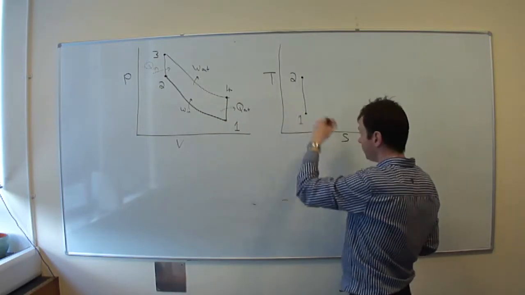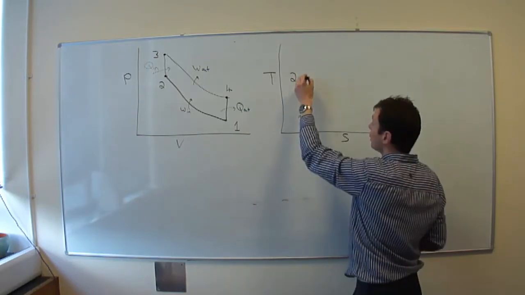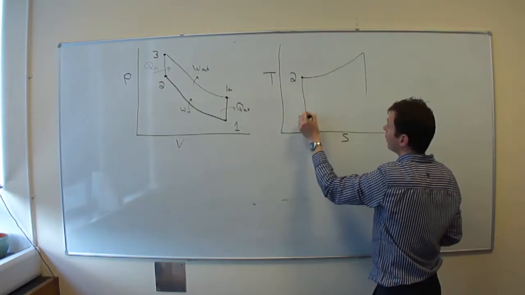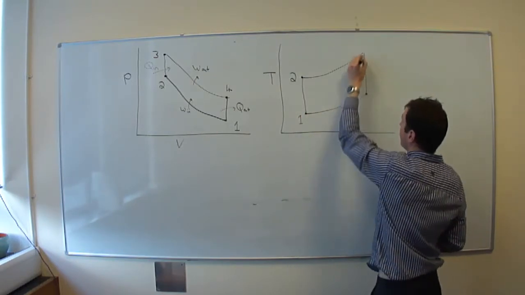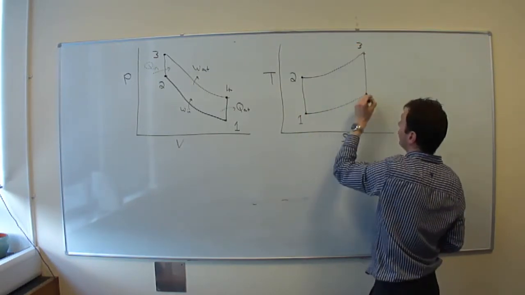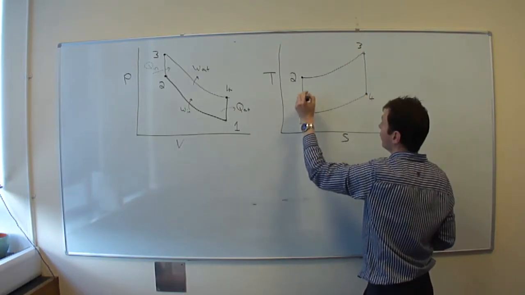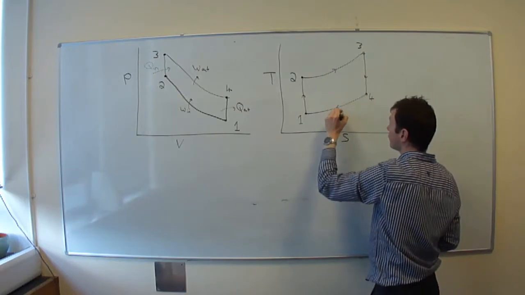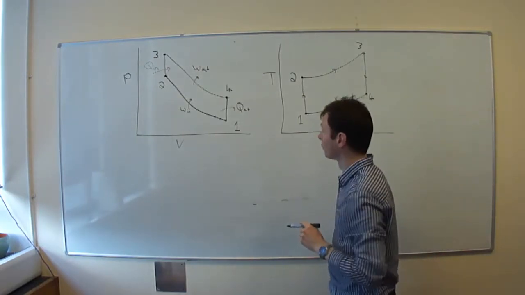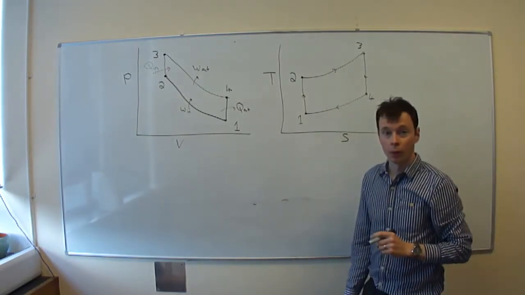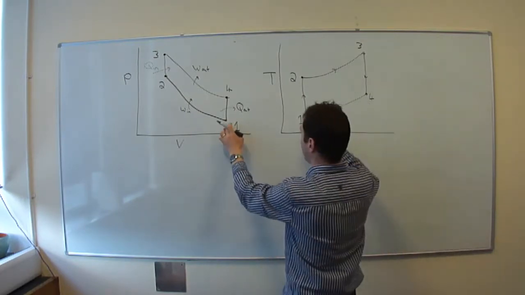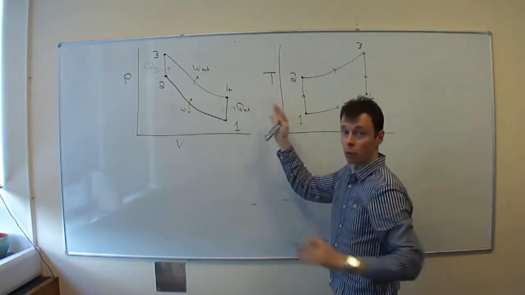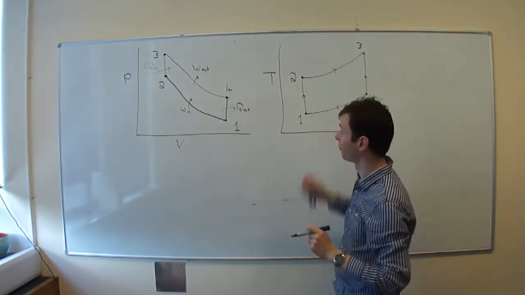In temperature-entropy space, again just completing the diagram. You can see they clearly start in different places because we're in a different sort of gas energy plane, if you will.